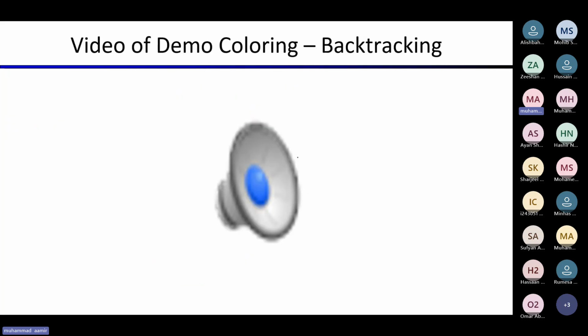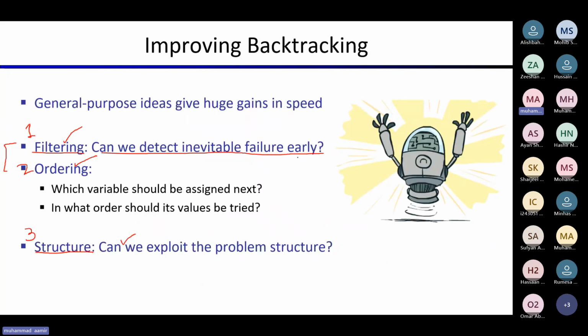I hope you got the overall point of filtration. Of course, I didn't discuss filtration in detail yet. We need to see it in our next slides, but this is the idea of how filtration can help us. How we will actually implement it, we will see in the coming slides.